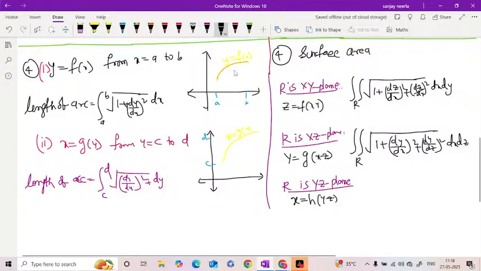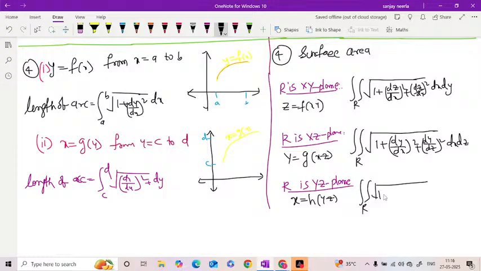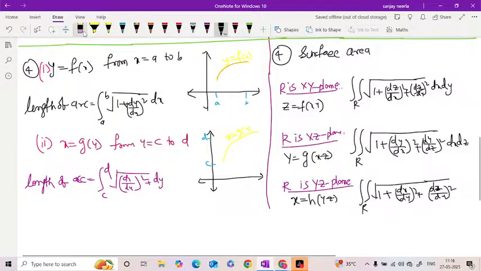The surface area is the double integral of the square root of 1 plus (dx by dy) whole square plus (dx by dz) whole square, dy dz. So, as in the line integral we had the arc length, in the double integral we have the surface area with three varieties: the xy plane, the xz plane and the yz plane.